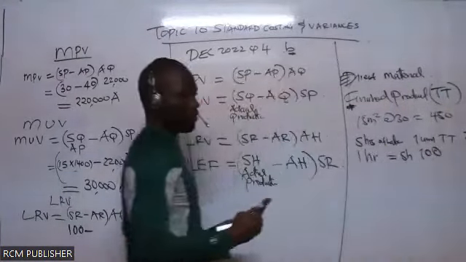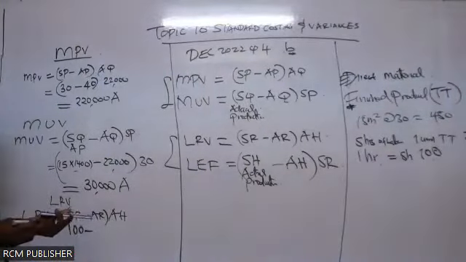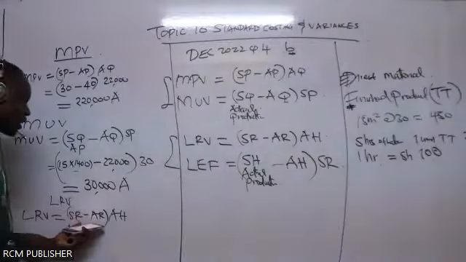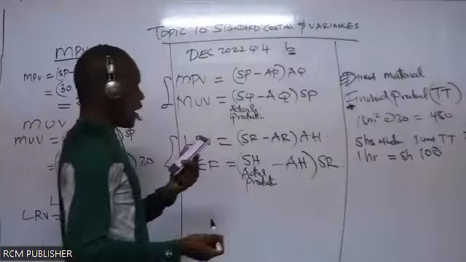So the labor rate per hour, 1 hour is equal to this. That is what we are looking for. Which is this 100? So we want to look at the actual rate. What will the actual rate be?